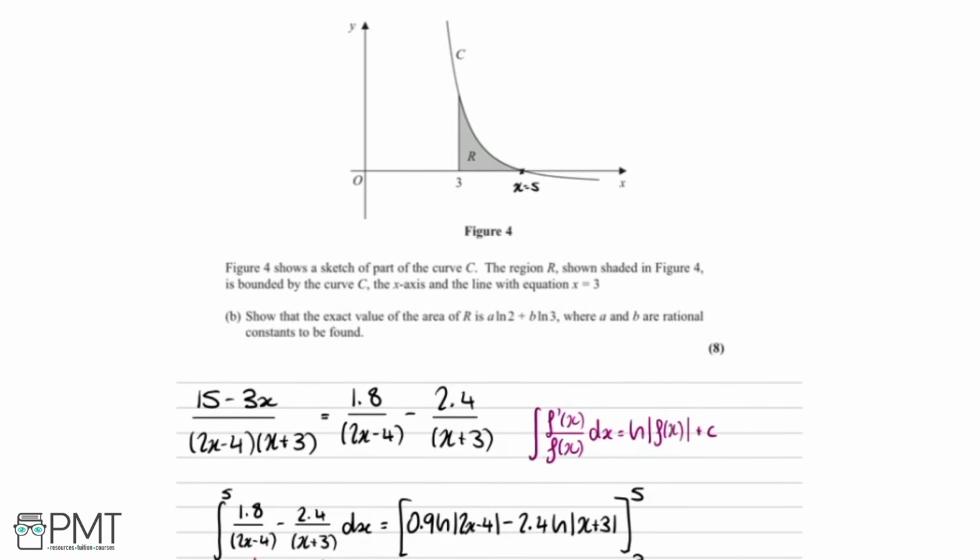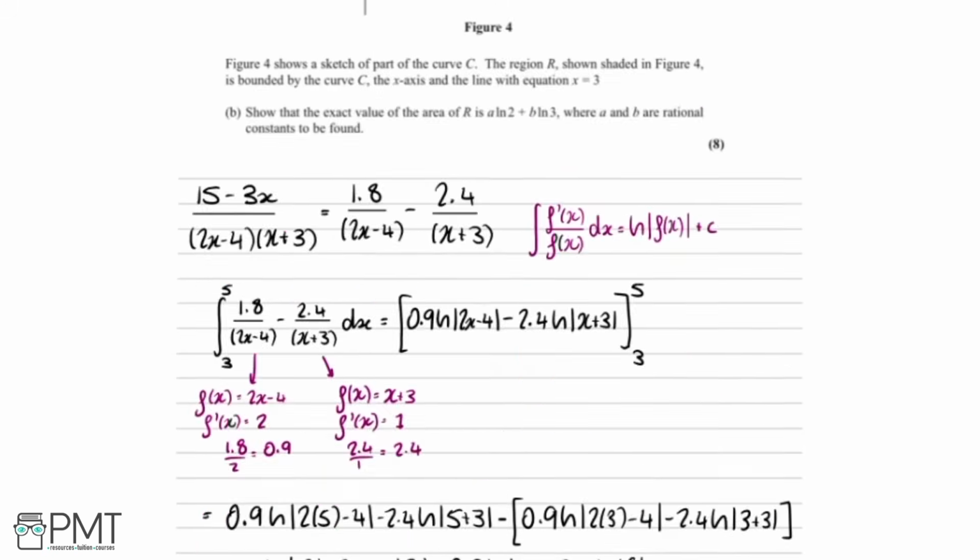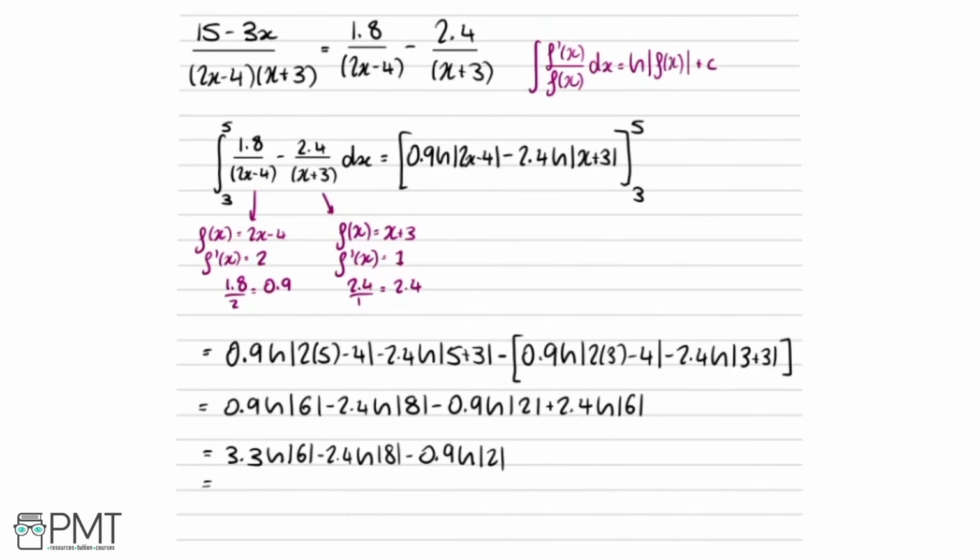Right, so now we're almost there, but if we look back up at the question, we see we need to write it in a form where we've only got log of 2 and log of 3. So we've got to manipulate this a little bit more. Well, using some of our log laws, we can say actually this is 3.3 ln 6, which is actually the same as ln 3 plus ln 2, because the rule is you can multiply these together when you're adding them to combine it into one log, and 3 times 2 is 6.